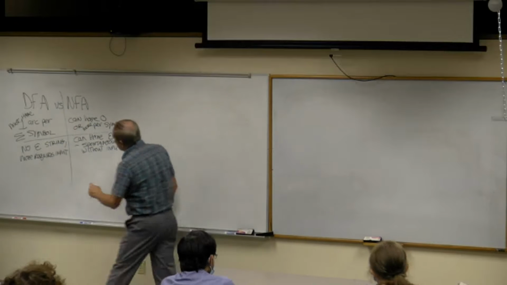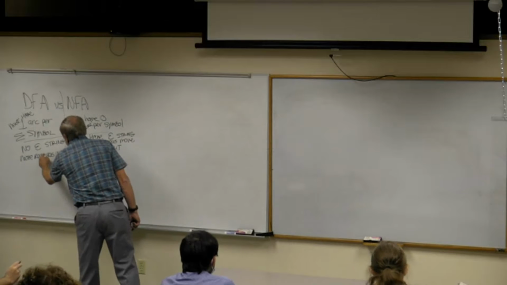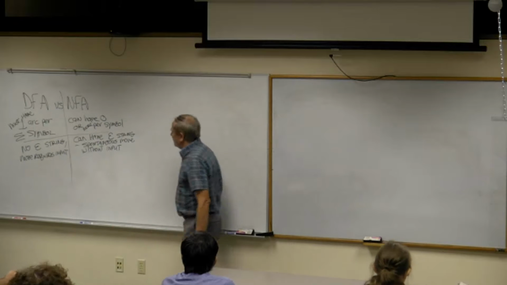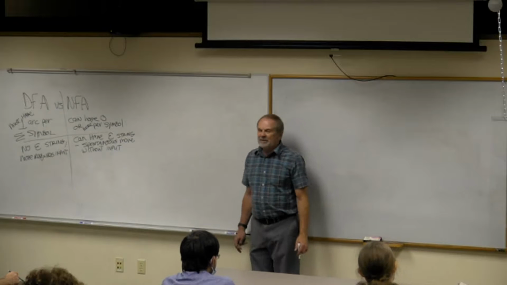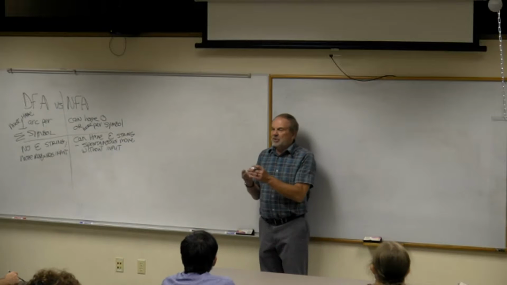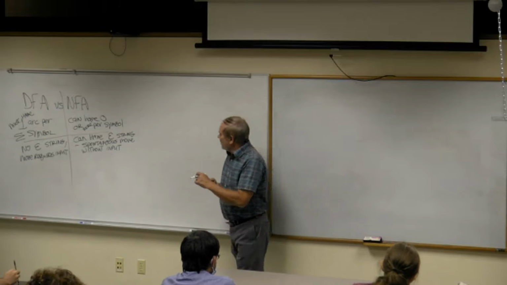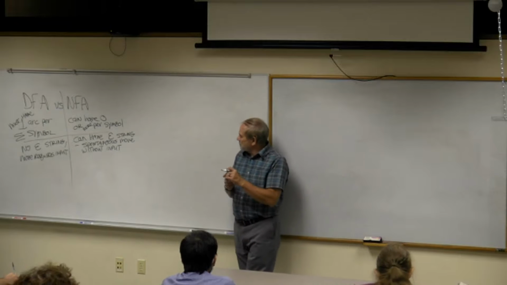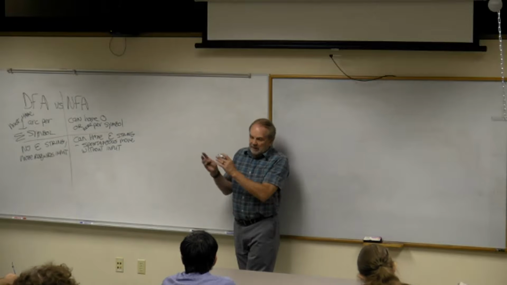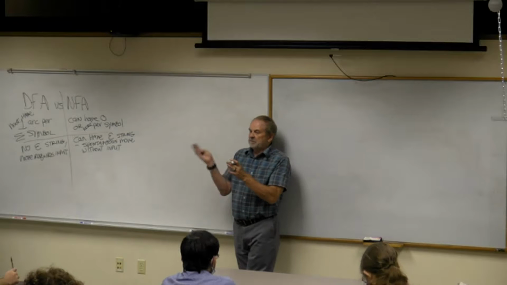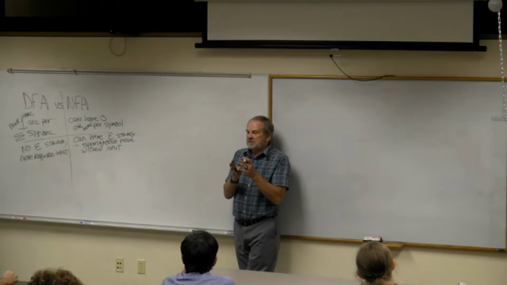So the DFA is very deterministic. It's very easy. There are no choices involved as it goes along. It reads a character, makes a move. Reads a character, makes a move.